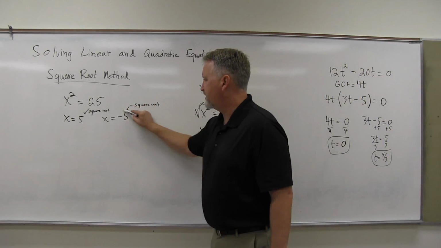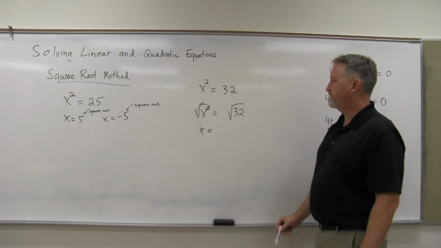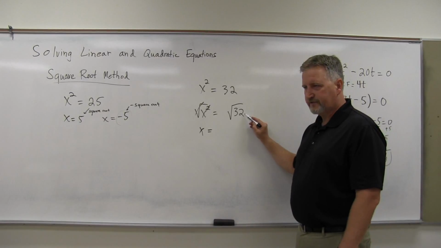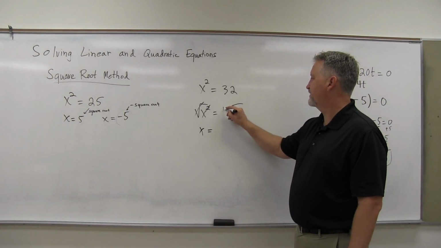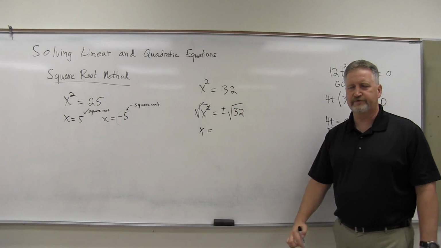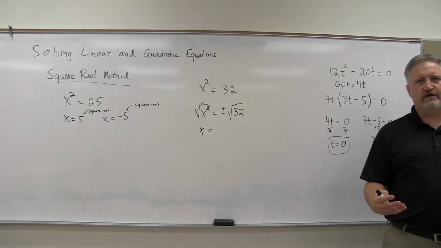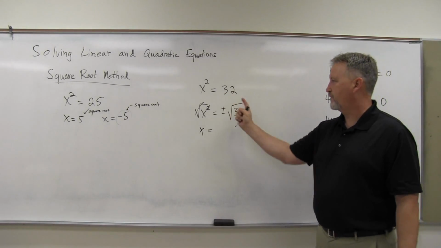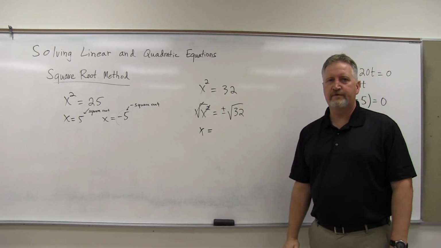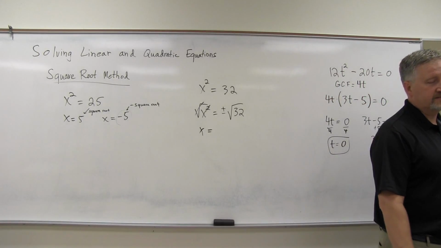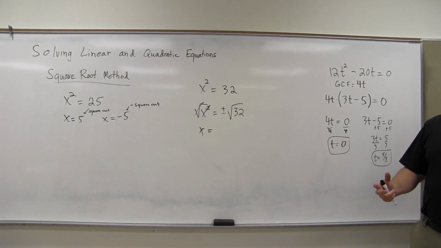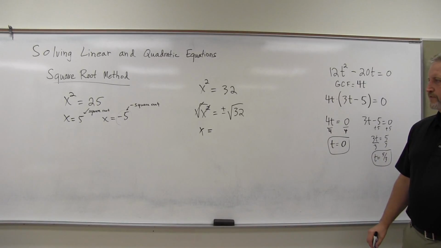However, not only can this side be the square root of 32 positive, but it could be the negative square root of 32 also. So in a nutshell, that's our square root method. Square root both sides, and then your number side, usually the right side, can be a plus or a minus. And that'll give you your two solutions.